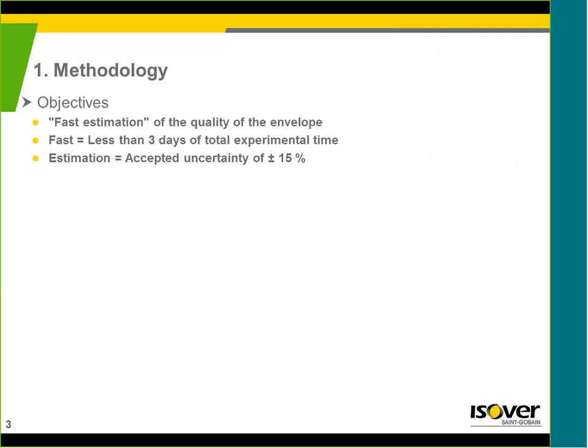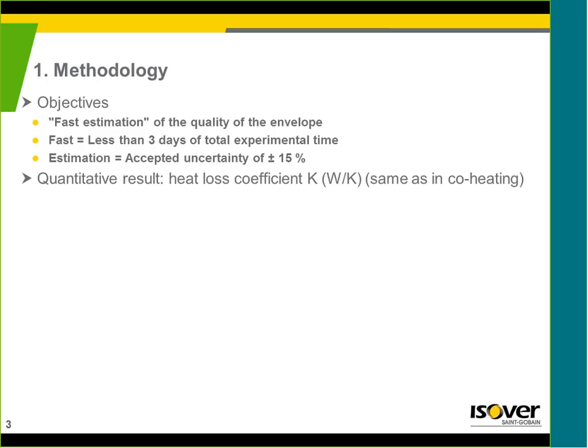When we started this project, we knew that could be complicated, so we accepted some sensitivities. Well, we didn't aim to be very, very, very accurate, let's say, but we hoped to have maybe 15% uncertainty. That was the goal. And as I said, the result is the heat loss coefficient as in coating.